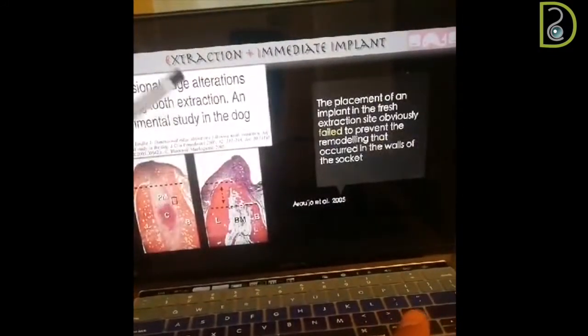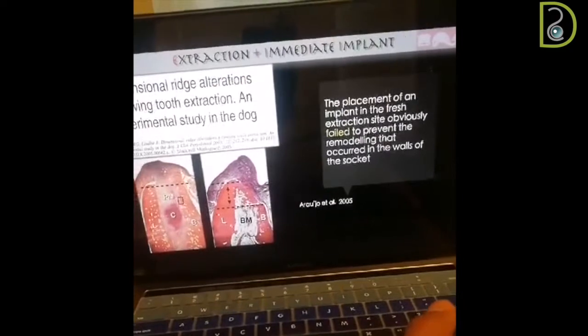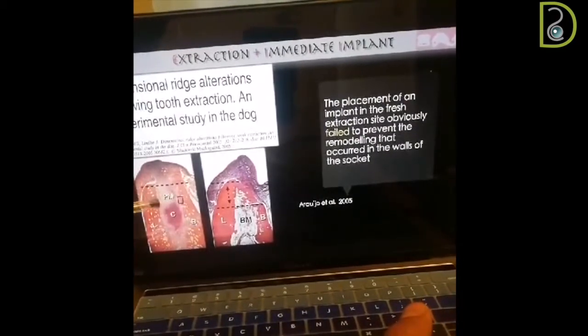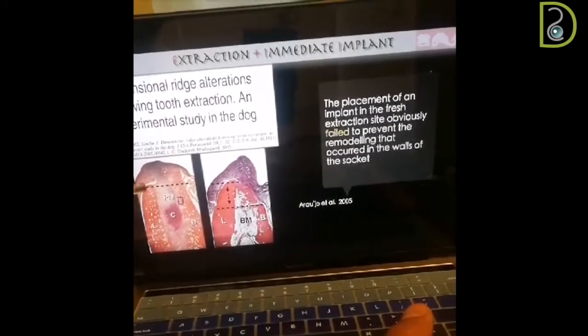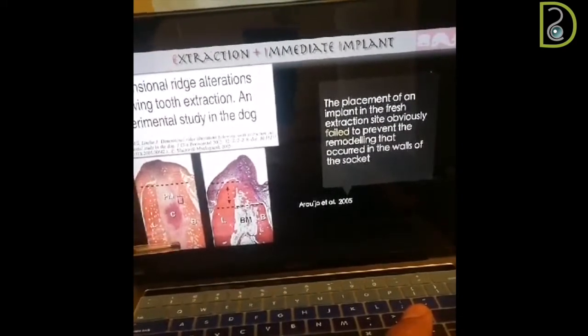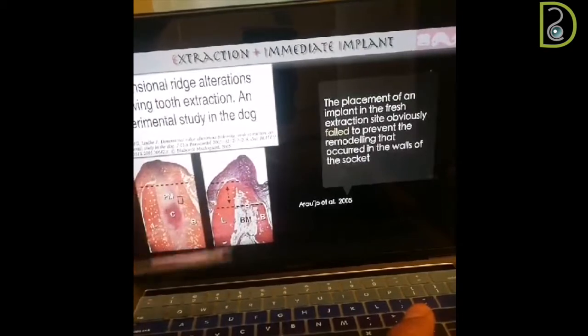So Araújo and co-workers found in an early study that after tooth extraction, dimensional changes will happen during the healing period. Here you can see both the buccal and lingual plates are at the same level after 1 week of the extraction. However, after 8 weeks you can see severe resorption in the coronal third of the buccal plate.